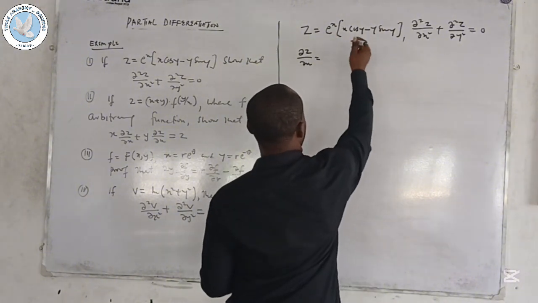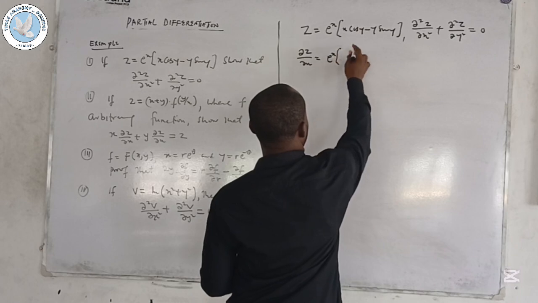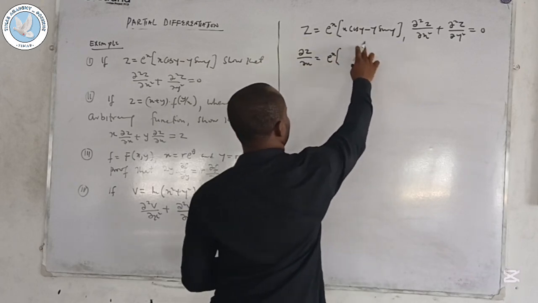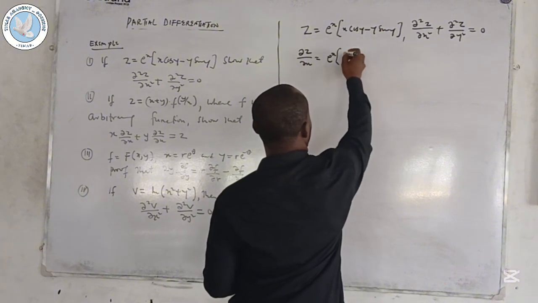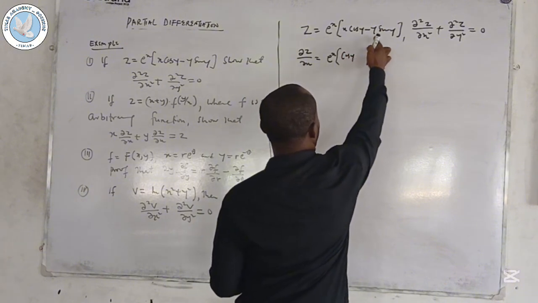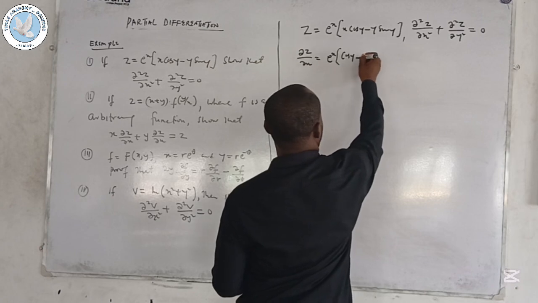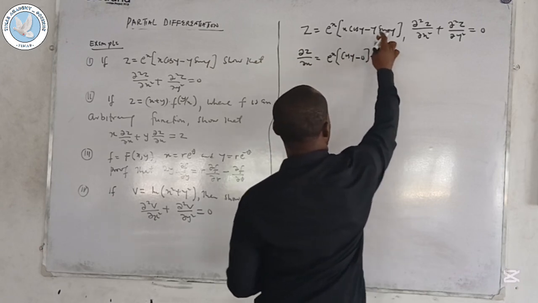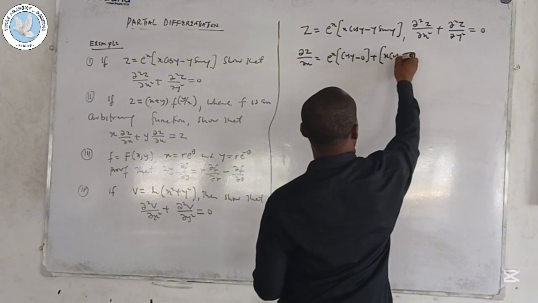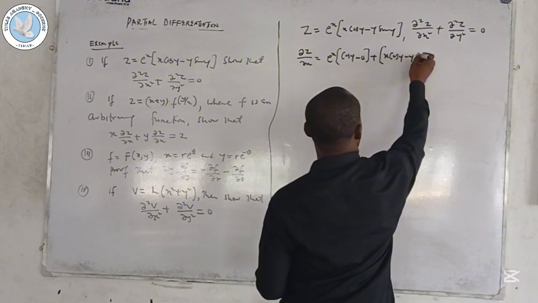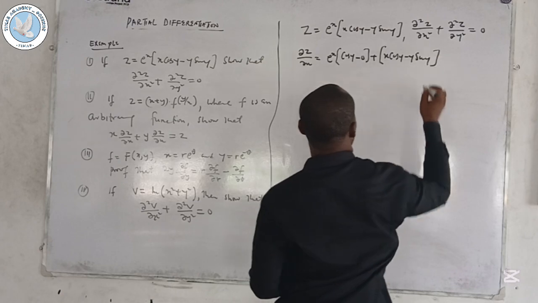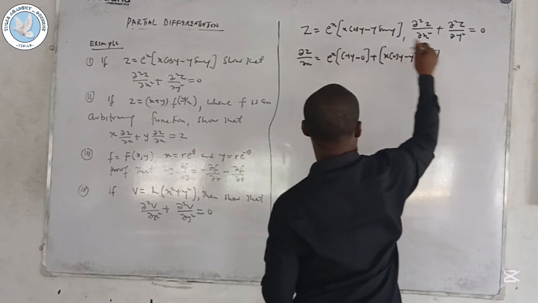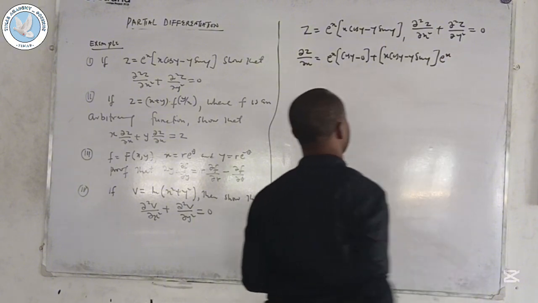So this is multiplied with the differentiation of this with respect to x. So this is giving us cos y, whereas this is 0, plus we are going to maintain this, minus y sine y, and differentiate exponential x, and it's still exponential x.